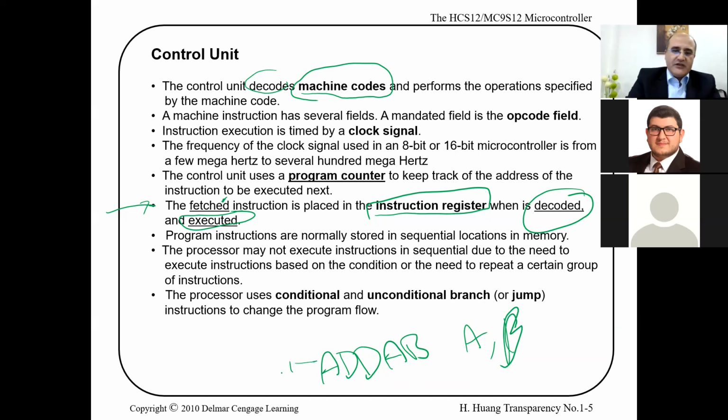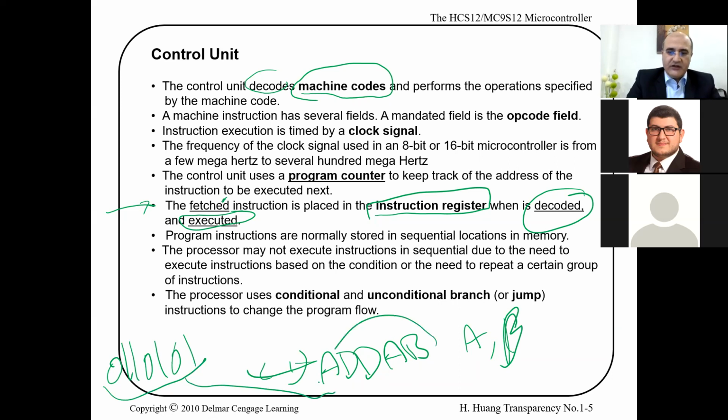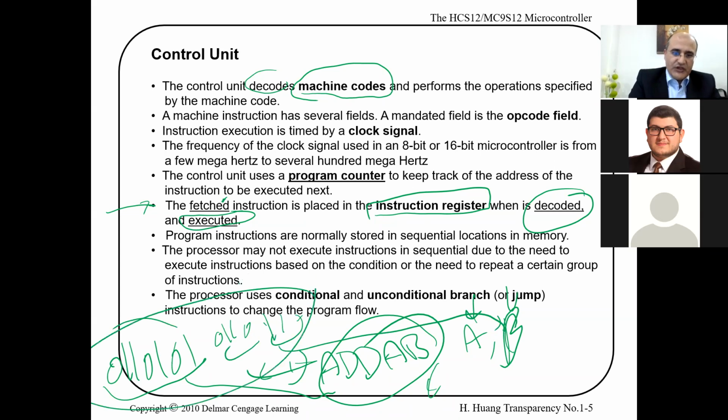This is converted to a group of zeros and ones: 0, 1, 1, 0, 1, 1, 0, 1, whatever. And these are always constant, representing add AB, because add AC is different, for example. Then, depending on these, you get some more zeros and ones to represent the operands. So this is all machine code.